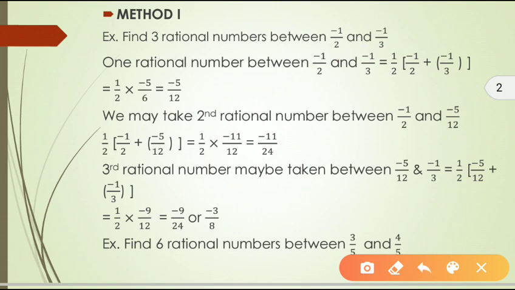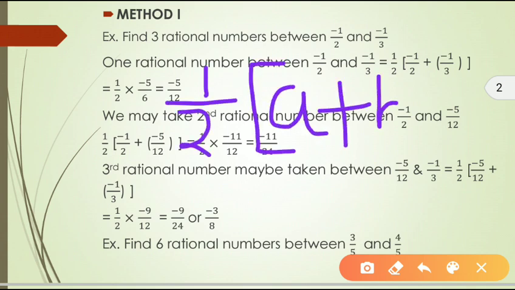So for finding out the first rational number, in this method one formula is there, 1 by 2 in bracket a plus b. What is a? A is the first given rational number and b is the second given rational number. Here we can suppose in the place of a minus 1 by 2 and in the place of b minus 1 by 3.